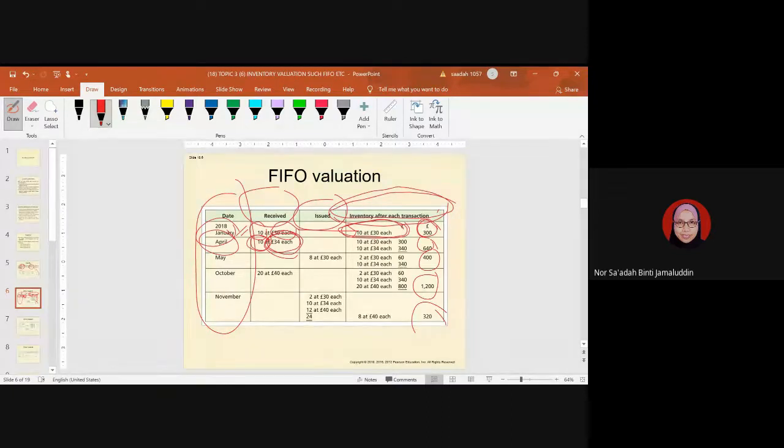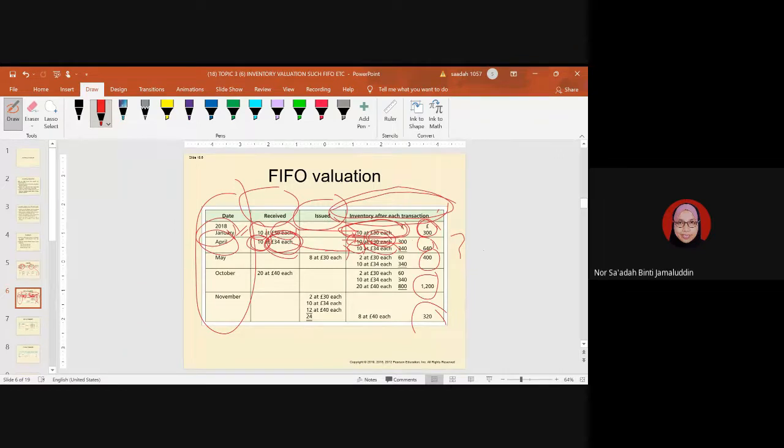So in balancing part, the first thing is bring your balance in January here, 10, 30, and then barulah put your balancing on April here. 10 units at 30 each for January, 10 units for 34 each on April.